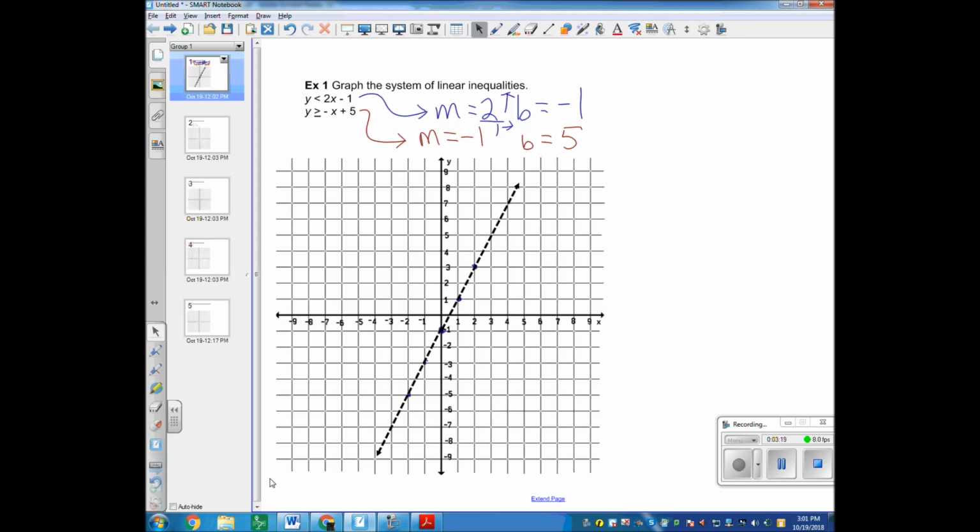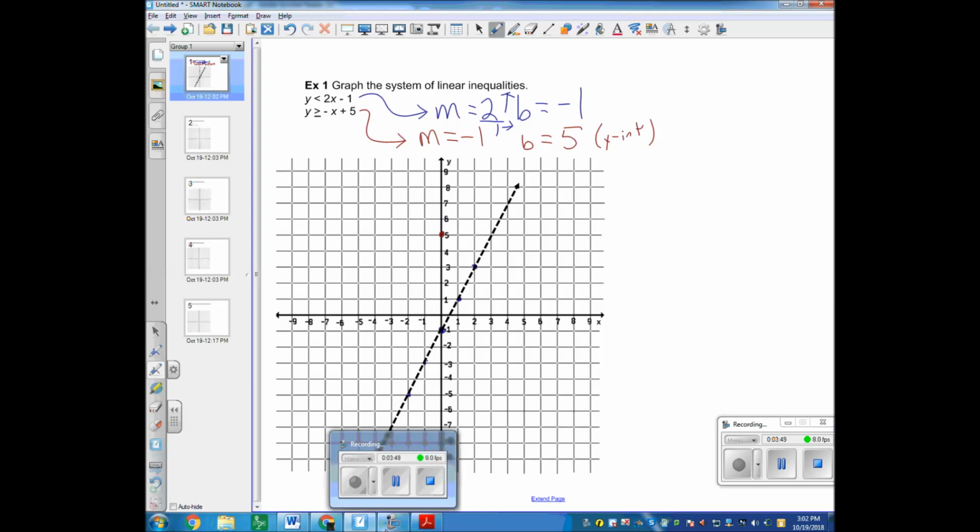Let's get our second line graphed. What is the slope? What is the y-intercept? The slope is -1. The y-intercept is 5. Begin with b, 5. And just a reminder, anytime you're graphing the b value, that's the y-intercept, you should always be on the north and south axis, because that's the y-axis. X is to the right, y is to the sky. Y-intercept is 5, boom, 5 on y.